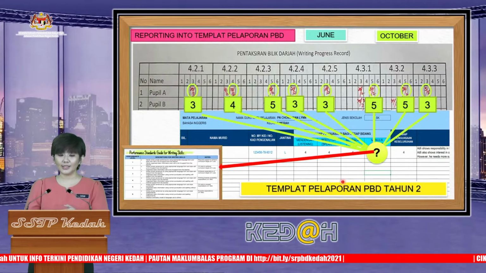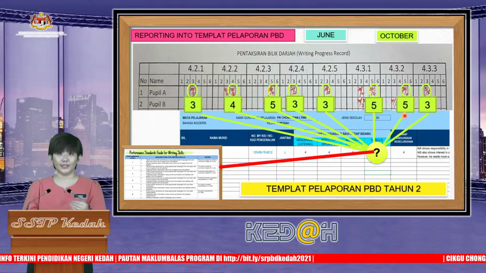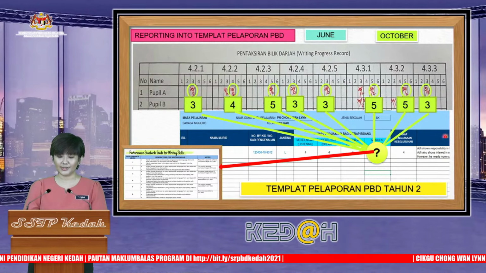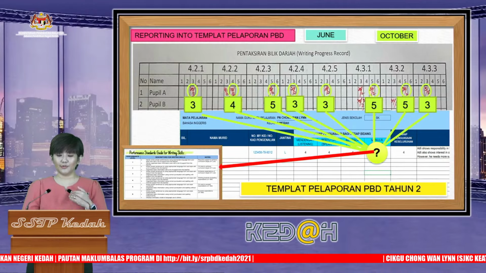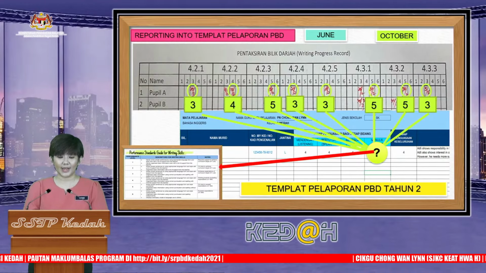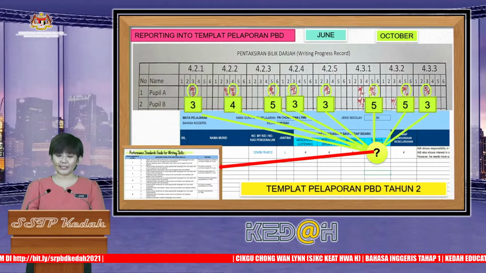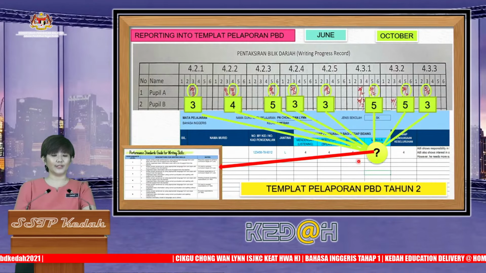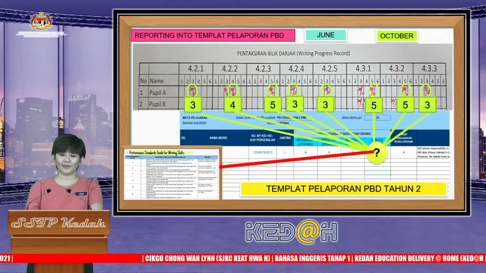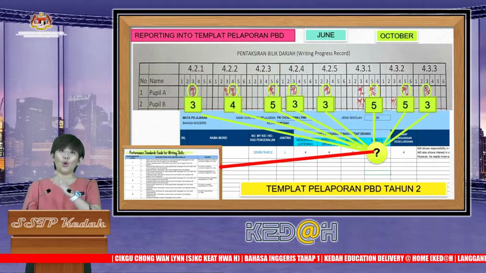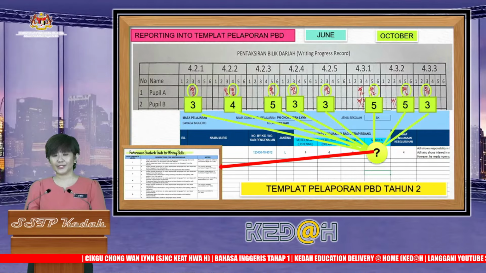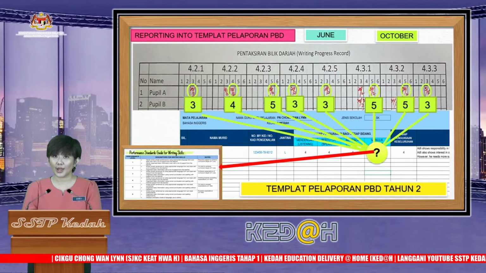We don't just take the average score of this level of performance, okay? We need to refer to the performance standard guides for writing skills in the SKP. And by using our own professional judgment, we then determine the overall performance level for writing skill for that particular pupil. Okay, so that is the whole cycle of classroom assessment that a teacher needs to carry out.